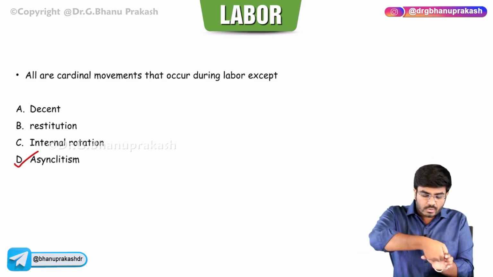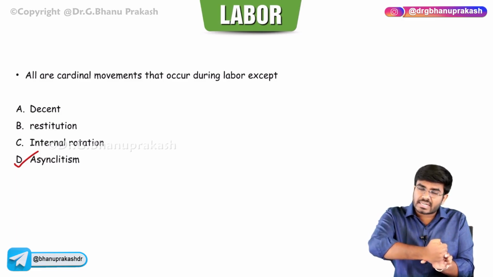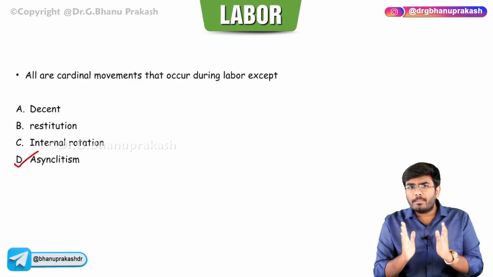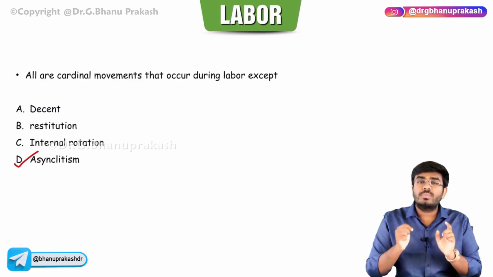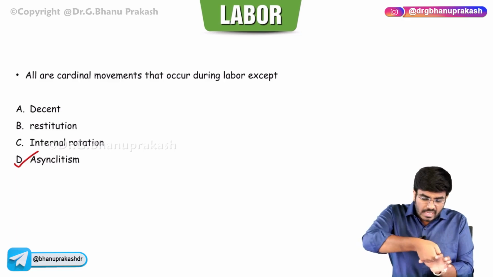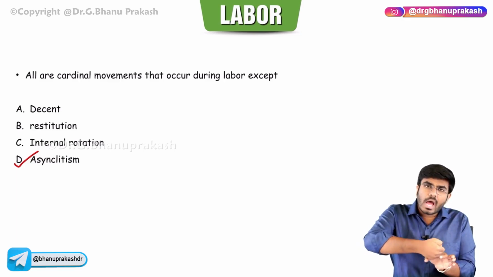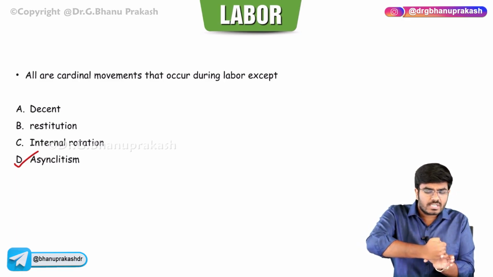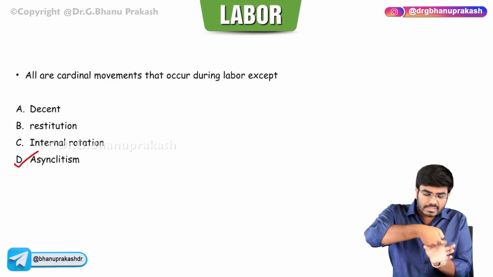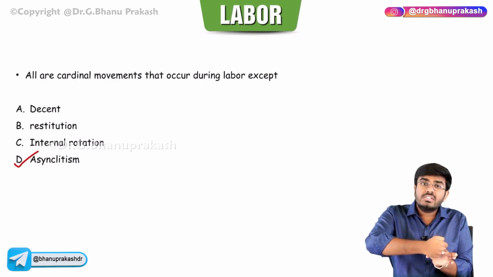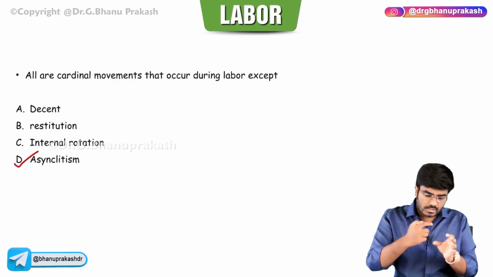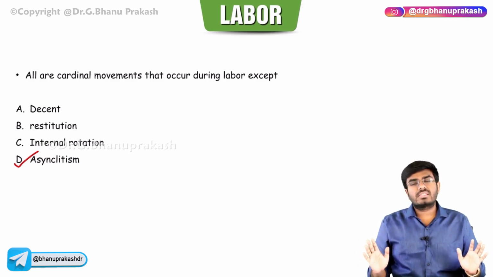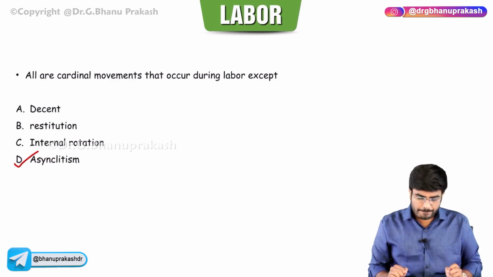Actually, the biparietal diameter should be the engaging transverse diameter. But because of the marked asynclitism, the engaging diameter will change. From the biparietal diameter, the engaging diameter will shift to the subparietal diameter. We have discussed this. So, asynclitism is not a cardinal movement.